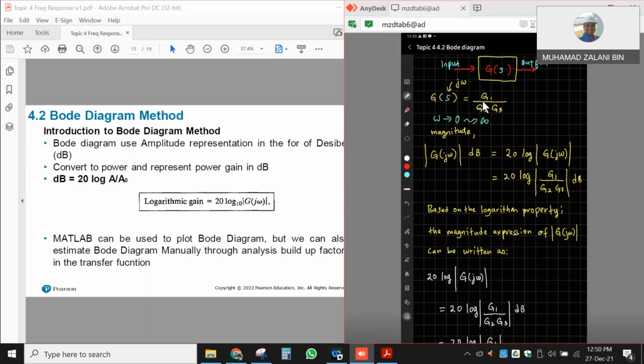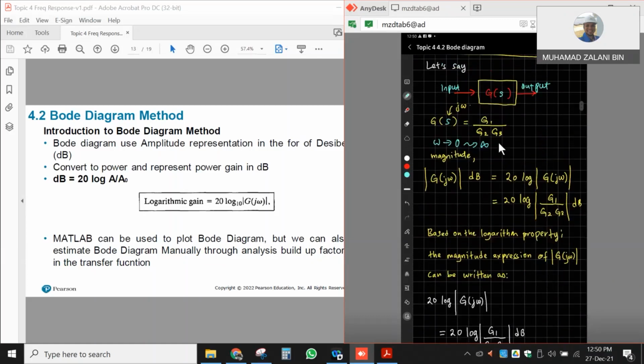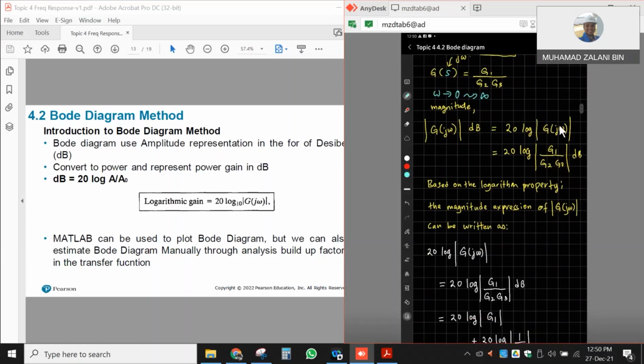For example, if we want to find the magnitude of the system in decibels, we can use the formula for power decibel, 20 log of the amplitude of G of S, which is the ratio of the amplitude of output to the input.